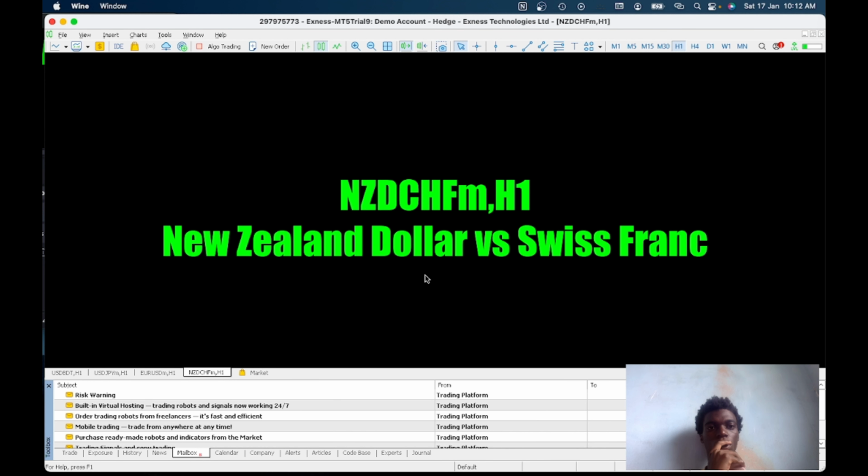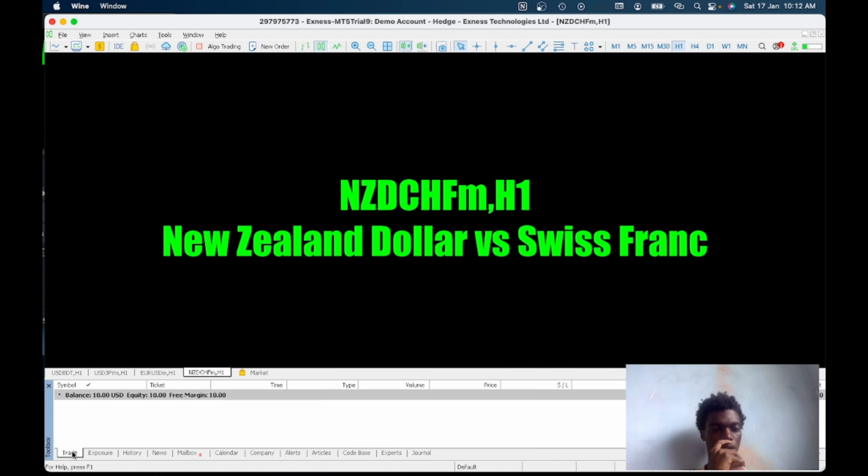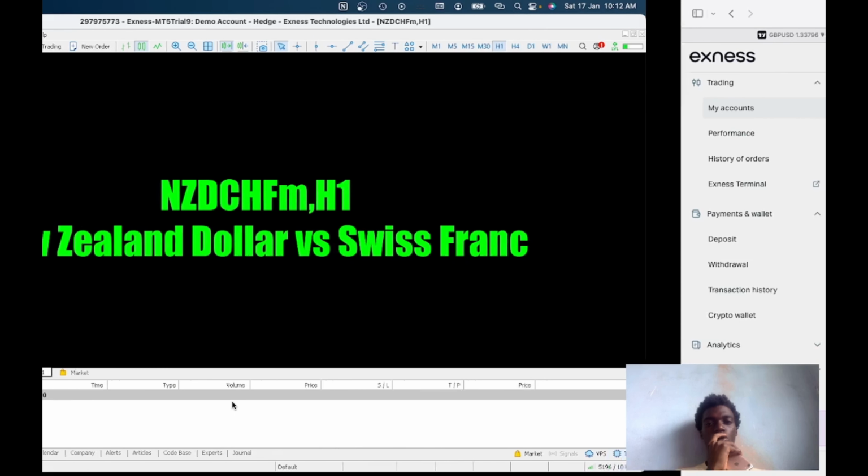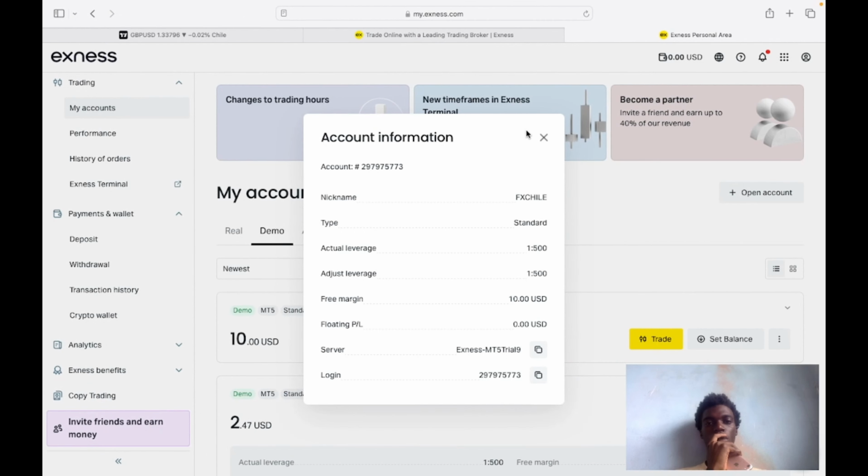As you can see right here, the account number shows everything. And how do I remove these trades? As you can see, it is showing a current balance of $10. Yeah, so let's just get right back to this.